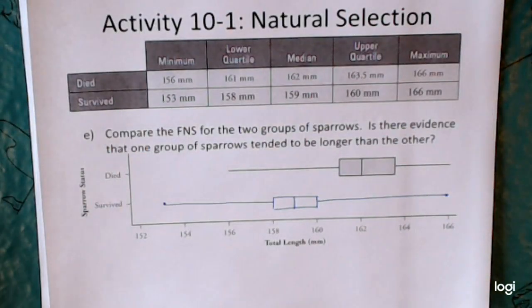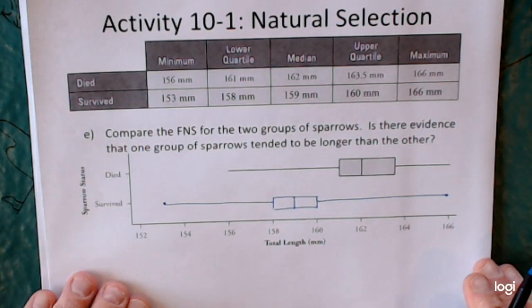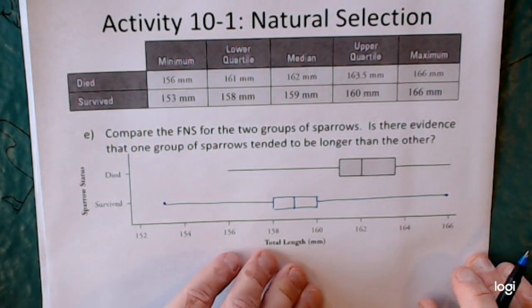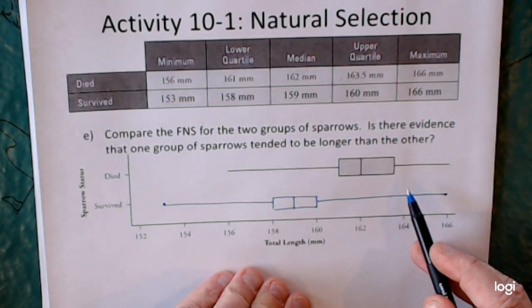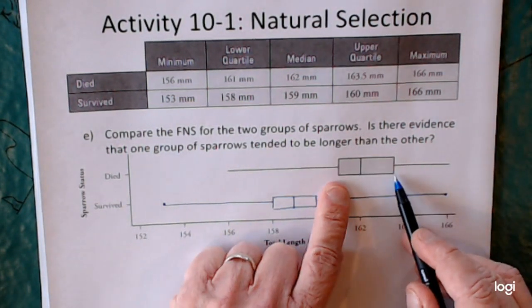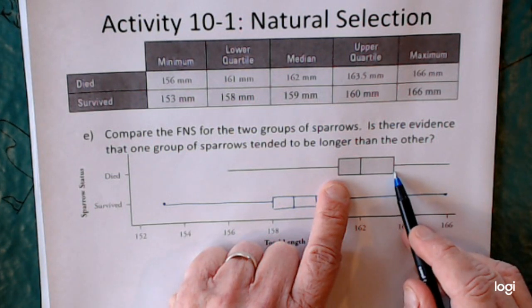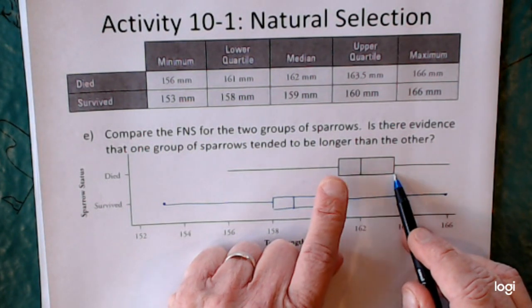In terms of our picture, and then we'll do a calculation. Looking at the sparrows who died, the interquartile range is the difference between your upper quartile and your lower quartile.